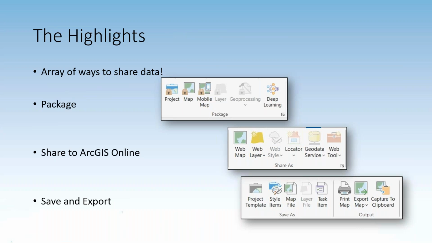We also have a pipeline, I like to call it, to ArcGIS Online. You can export the layers you're working on straight to ArcGIS Online, whether that be through a web map, a web layer, things like that. You can also package up that project and make a template, along with exporting it as a file or as a PDF or a JPEG.